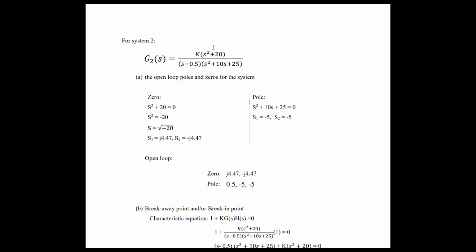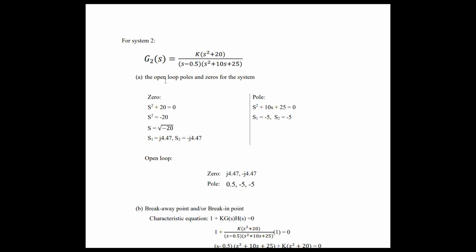Next, we move on to the calculation part for system 2. First, the transfer function that we get is K(s squared plus 20) over (s minus 0.5)(s squared plus 10s plus 25). First we need to determine whether it is open loop or closed loop, and whether it is a type 0 system or not.